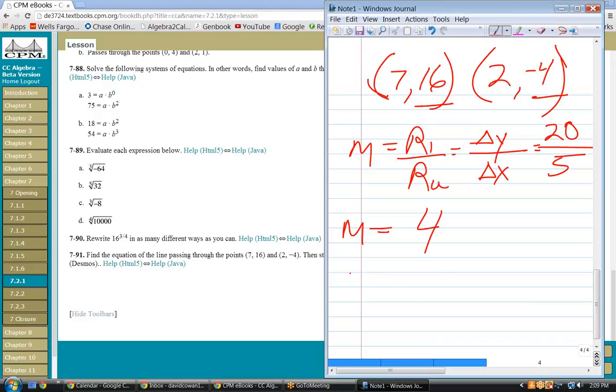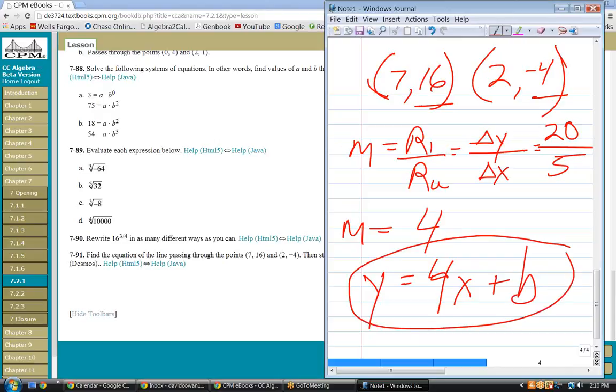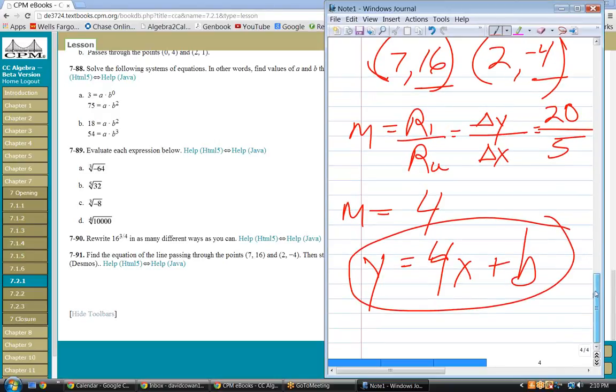What's the general equation for a line? Y equals mx plus b. Well, we know m. If we can solve for b, we'll be done. How can we solve for b?